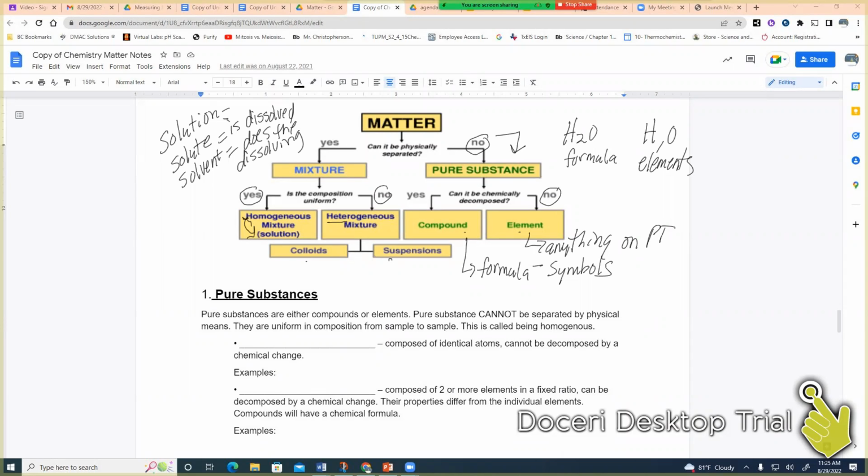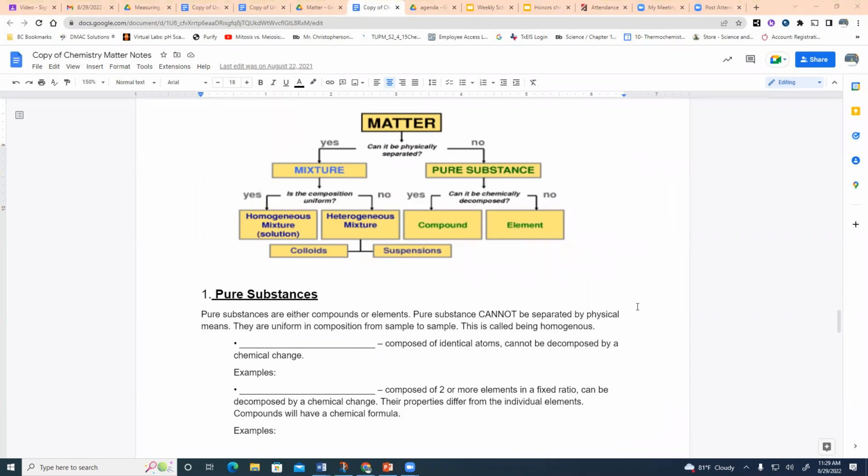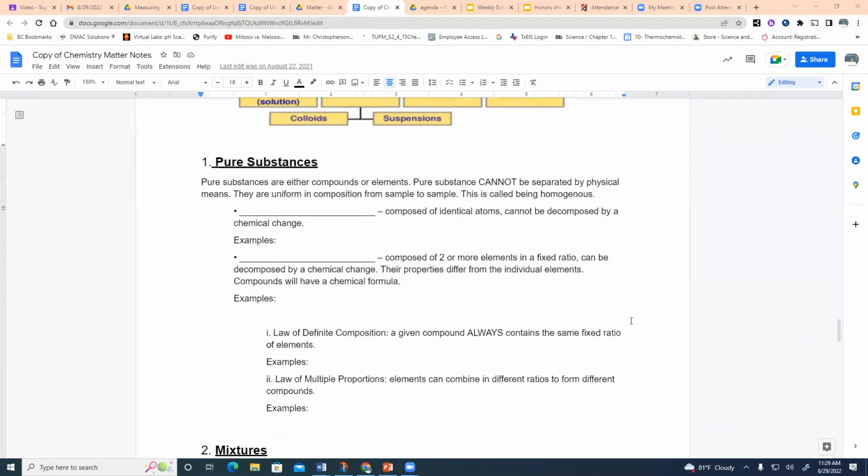All right, let's do pure substances first. So a pure substance can either be a compound or elements. Pure substances cannot be separated by physical means.